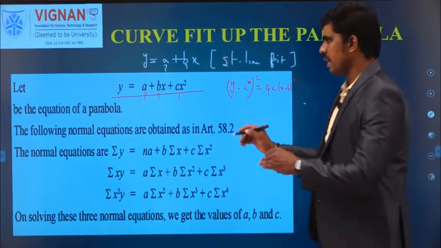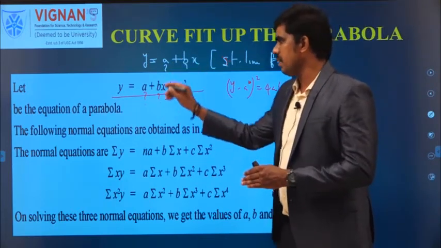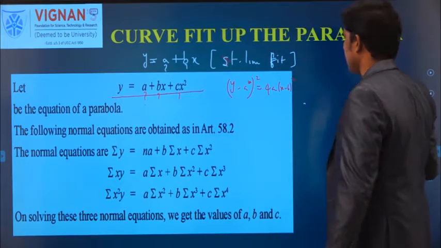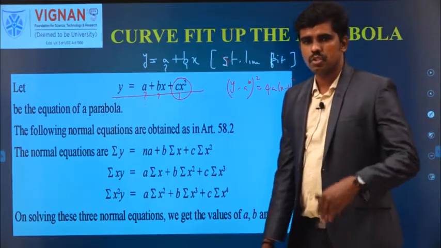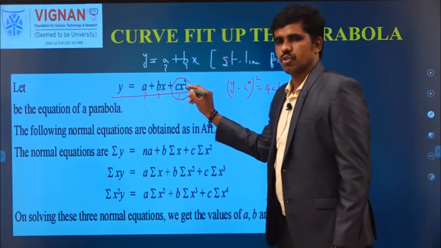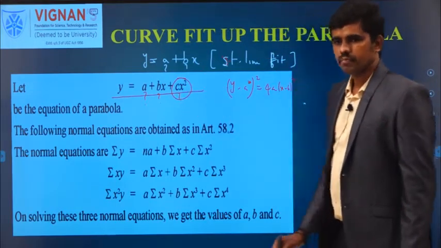Here, additionally, we have only one term, right? You can compare this. Additionally we need only one term, which is cx square, which means a non-linear term. So additionally we have to find c also. So find a, b, c.